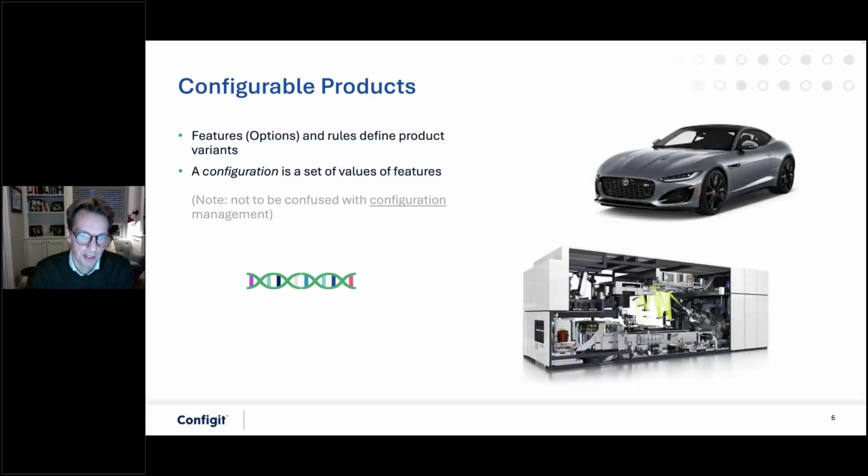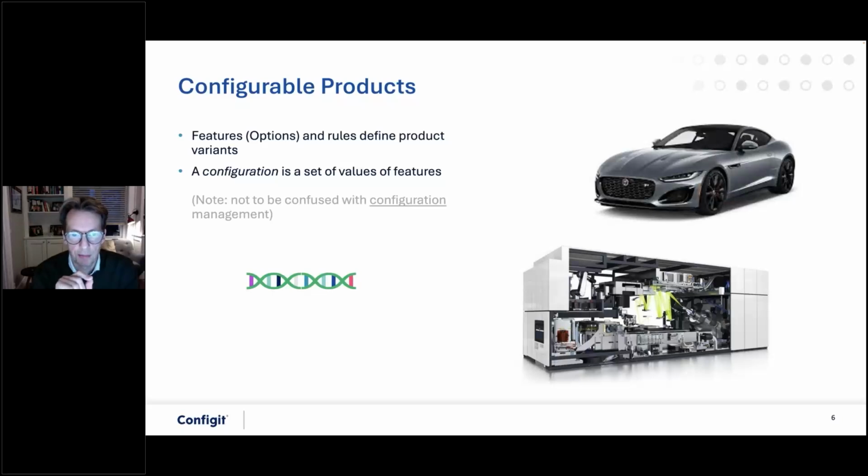And in particular, there's a domain called configuration management. And in that context, the word configuration really referred to more like a version of some artifacts. But what I'm talking about here, when we talk about a configuration, is selecting specific values for each of the features of the model, of the product that you're configuring.